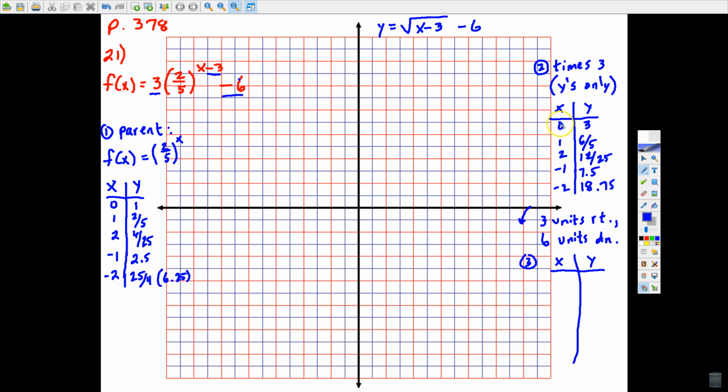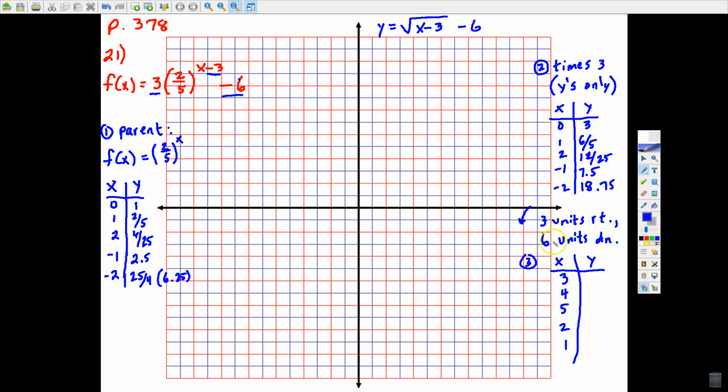I'm going to take each one of these x coordinates and add 3 to them one at a time. 0 plus 3, 1 plus 3, 2 plus 3, negative 1 plus 3, negative 2 plus 3.